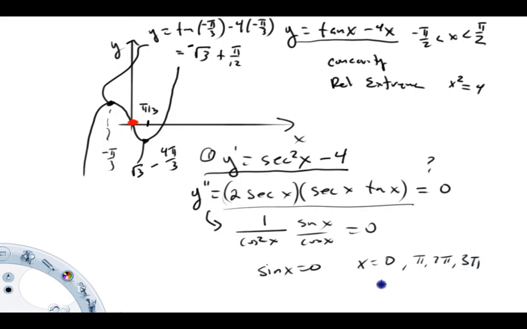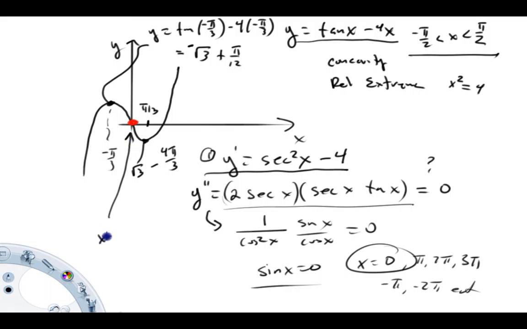Going the other way, minus pi, minus 2 pi, etc. all solve this. So this function apparently has a bunch of inflection points. We are asked to find only ones between minus pi over 2 and pi over 2, and that's that one right there. So the inflection point is that thing right there, x equals 0.